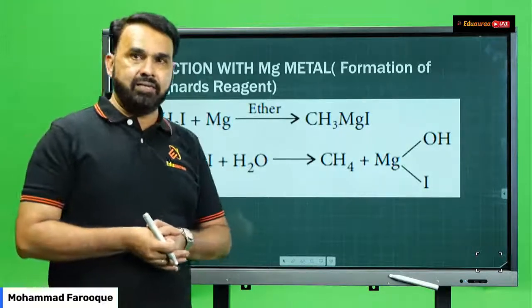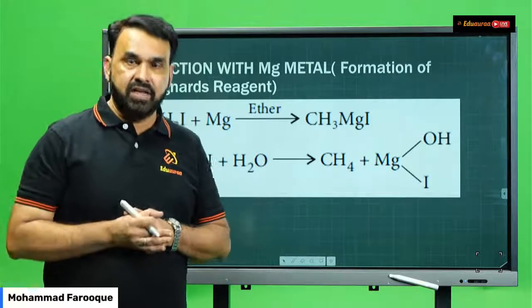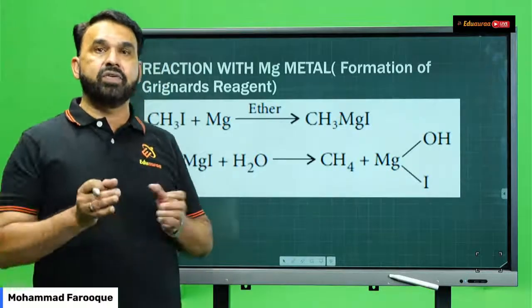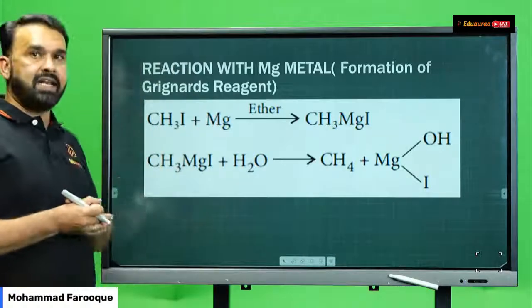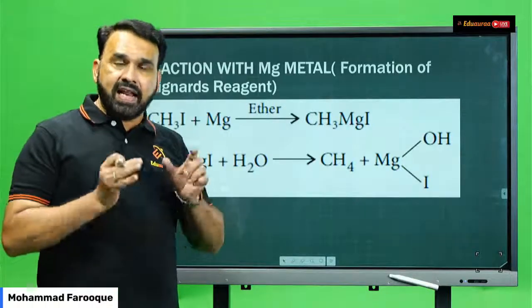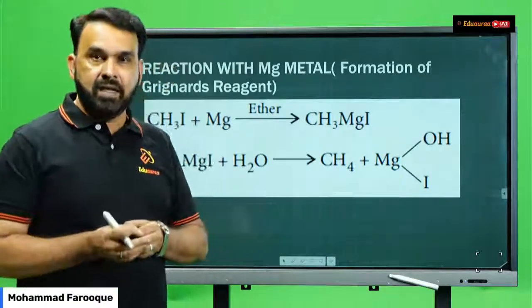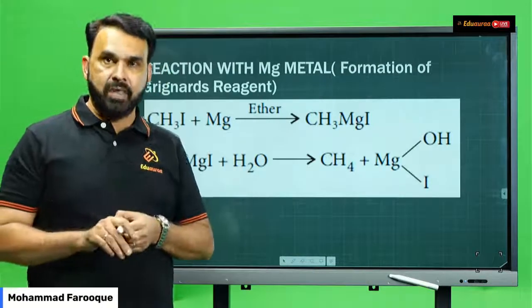I told you that alkyl halides undergo addition reactions with metals. Now, the first metal with which alkyl halides react is magnesium metal. Whenever an alkyl halide is treated with magnesium metal, you get the formation of a reagent called a Grignard's reagent.